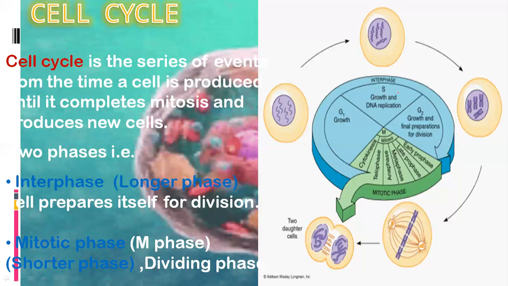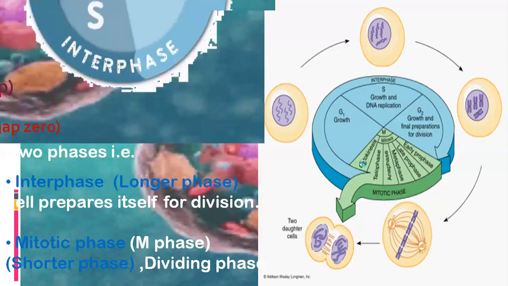You can see here the growth and DNA replication, and growth and final preparation for division. We'll talk all about that. And here you can see the M phase. In M phase, these are the four main stages of mitosis: prophase, which can be divided into early and late prophase, metaphase, anaphase, telophase, and cytokinesis. What are these? We'll discuss in the next lecture, inshallah.